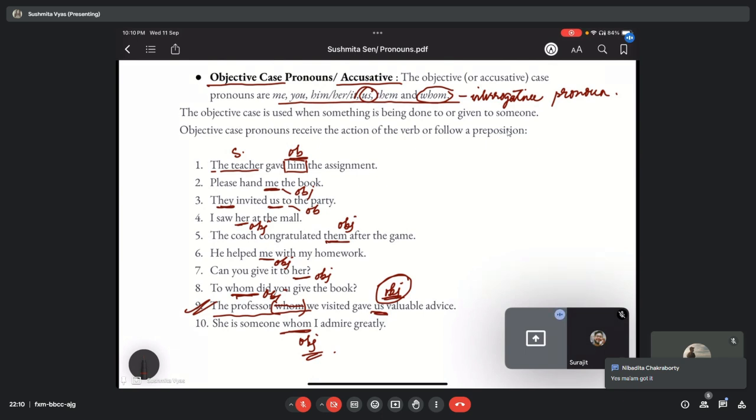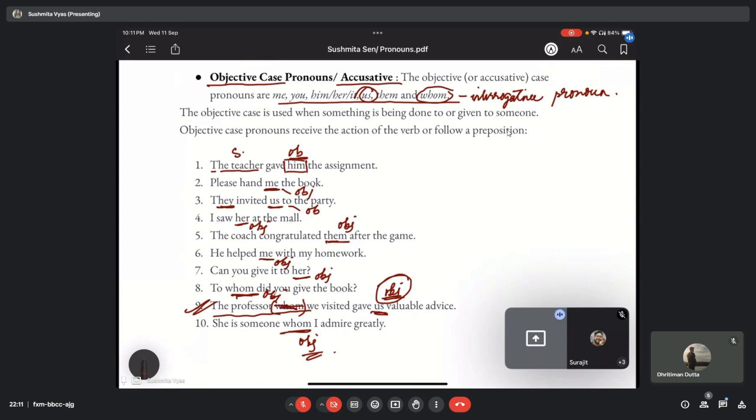Because the professor is being talked about, he is the subject. But who did he give this valuable advice to? He gave the valuable advice to us. So we are the object. We are taking the advice, so we are the object. And who is giving the advice? The professor is giving the advice, so he is the subject.